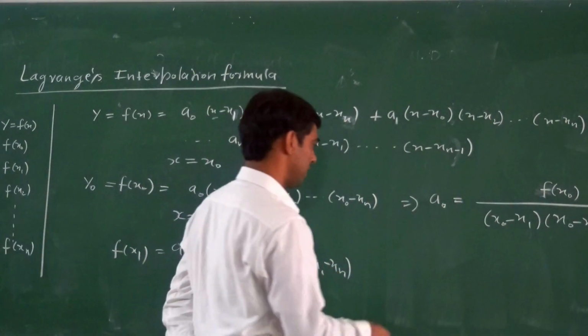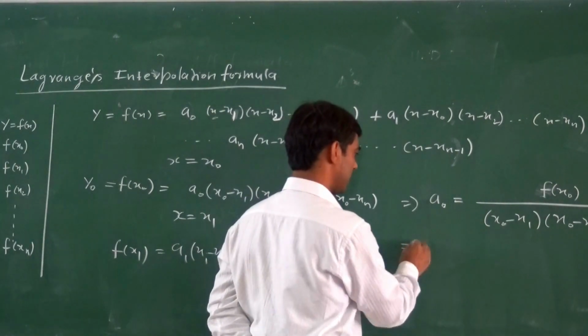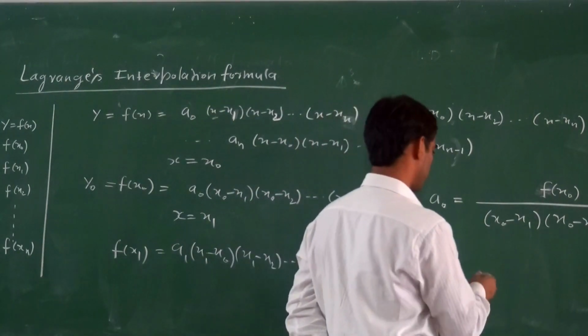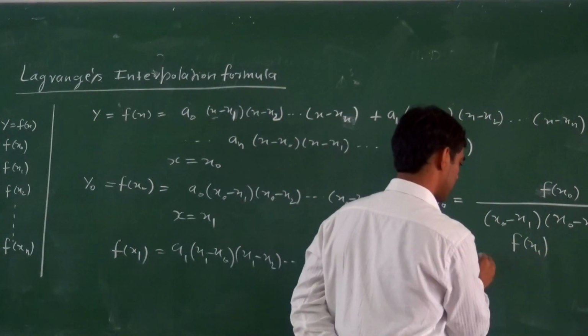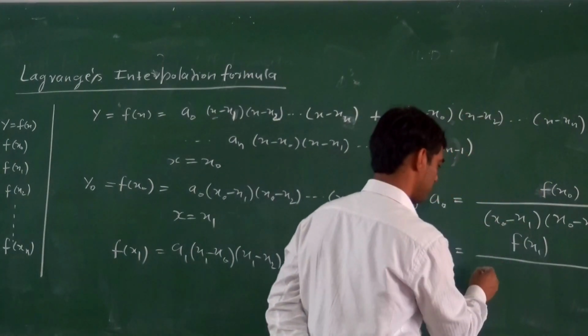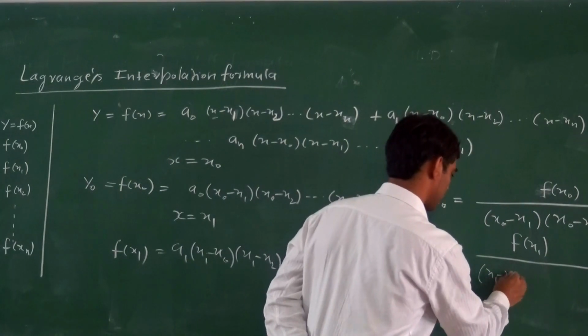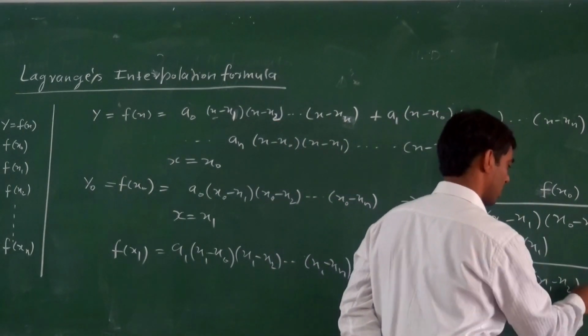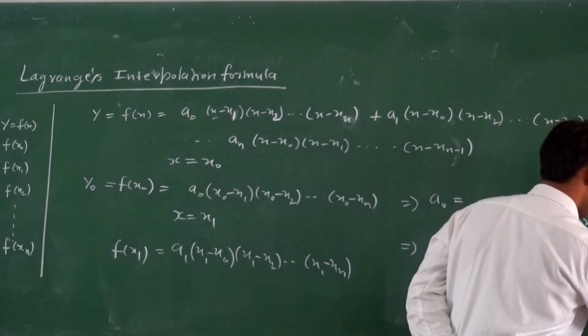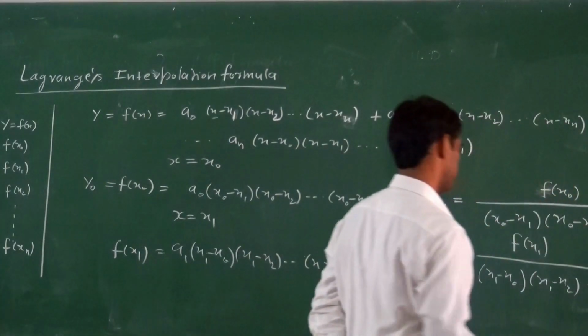So the value of a1 becomes f of x1 divided by x1 minus x0, x1 minus x2, up to x1 minus xn.